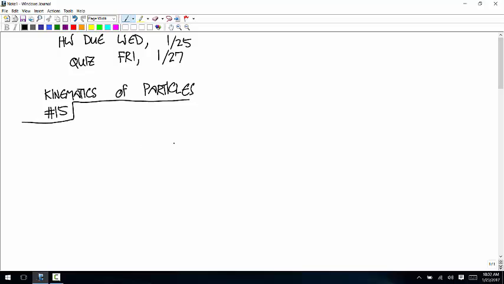Okay, so there's a Ferris wheel. And we're analyzing what's going on when the passenger is on the left side. We use a standard coordinate system. And there's a clockwise angular velocity of 1.5 radians per second.